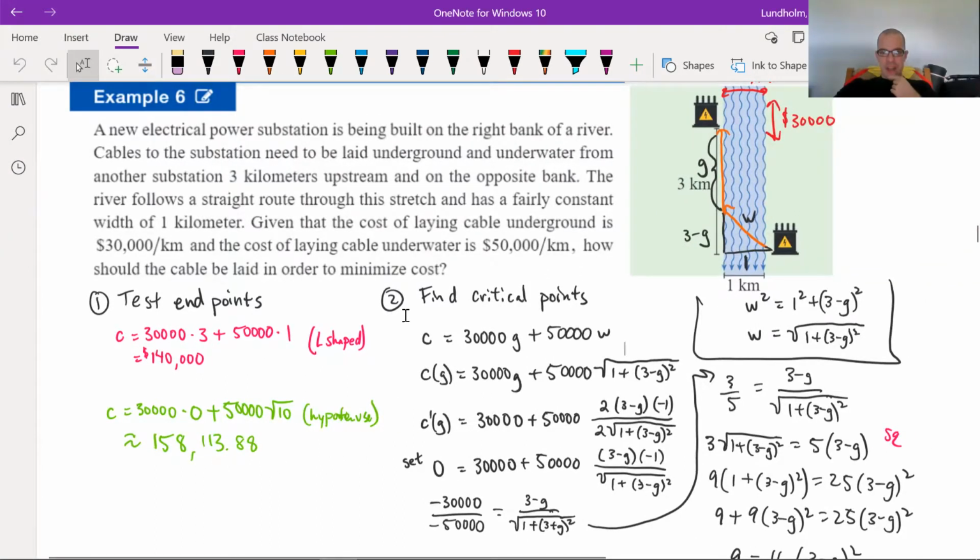So actually, our minimum, and I'll write this down in the bottom left-hand corner, the minimum is actually equal to $130,000. And that's at our ground length of 2.25 kilometers.